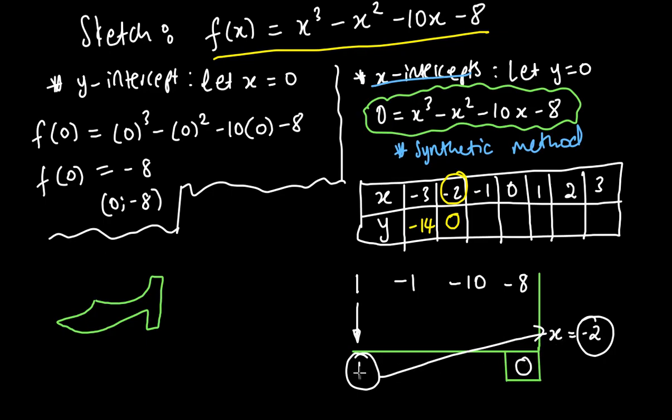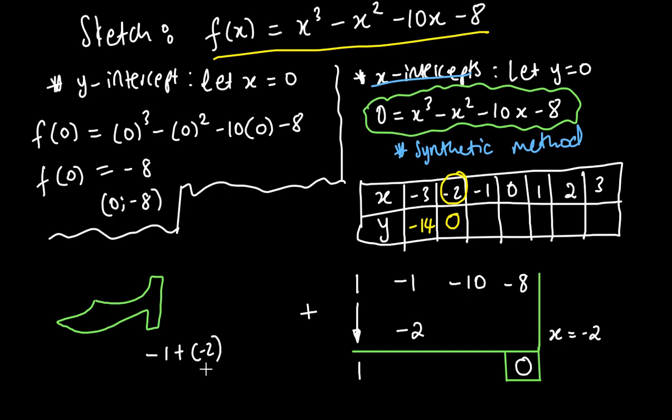Did you get that? 1 multiplied by -2 is -2. Okay, then I need you to put a plus sign here, good people, and say, what is -1 plus -2? Put this in your calculator. You must get the answer -3.